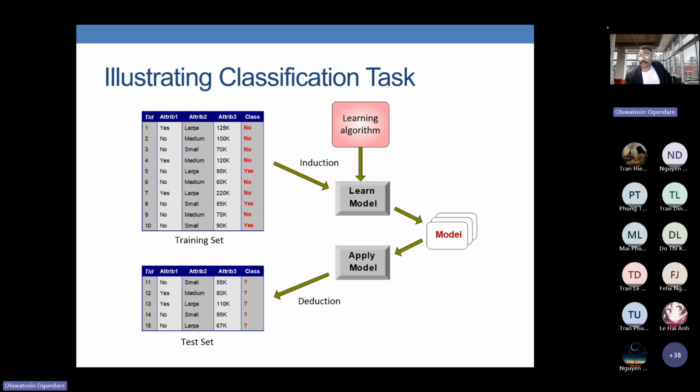It's either yes or no. The second attribute is about size, so small, medium, or large. And the third attribute is about money, a big quantitative attribute. So 125K, 100K, 70K, 120K, 95K, and things like this.